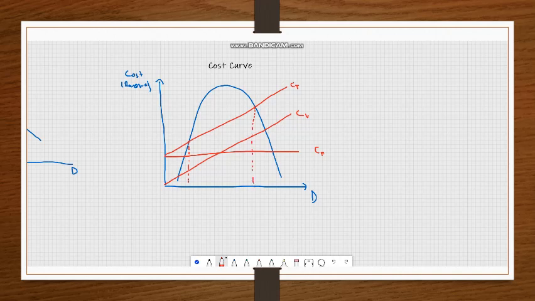So we say, okay, let's say here is D1, this intersection demand is D1, and this intersection demand is D2. Okay, let's define what is going on here. If we draw like this kind of shape, what's gonna be?